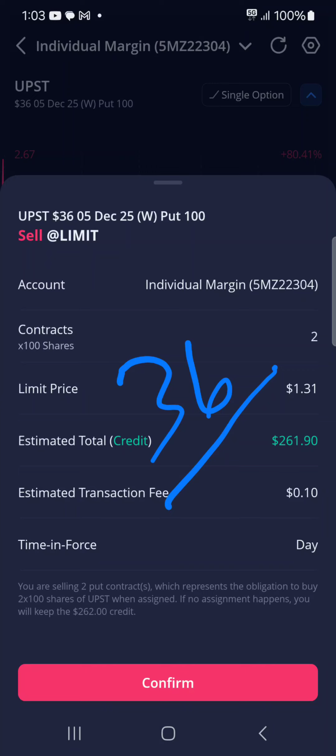You want to buy it at the lower price. Remember, you don't want to buy it at 39, you want to buy it at 36. You own the stock, and then you can do whatever you want with it.